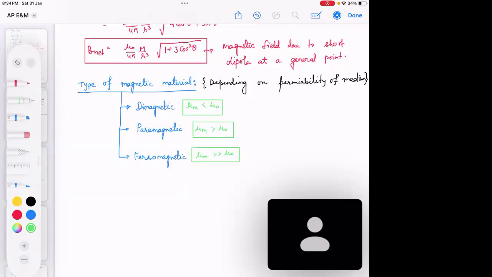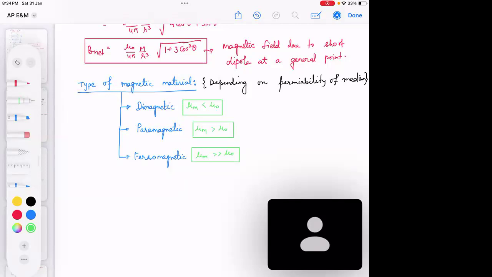So if you keep a diamagnetic material in an external magnetic field, it will be repelled by the field. Paramagnetic material will be attracted, but very weakly.